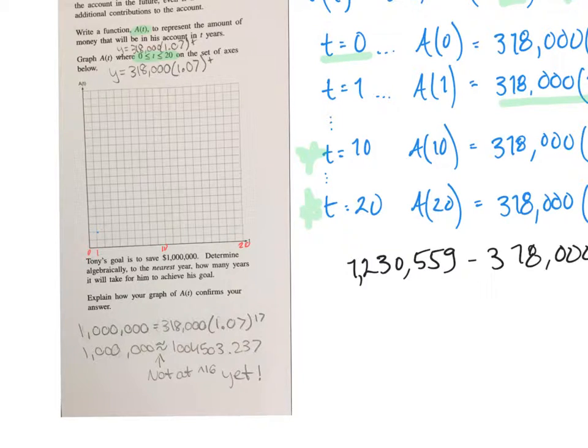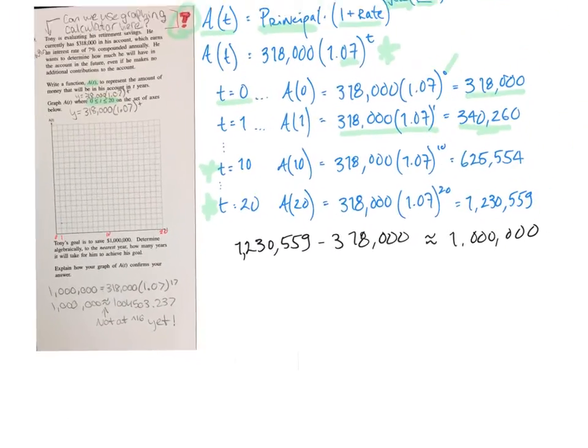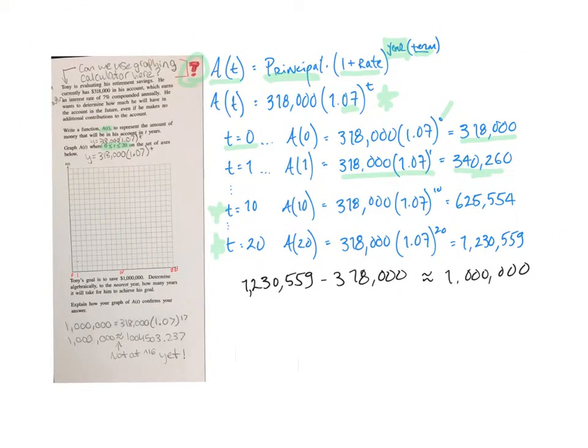We'll figure out the scale for the other axis in a second. You notice we've got these two amounts, $625,000 after 10 years and $1.23 million after 20 years.